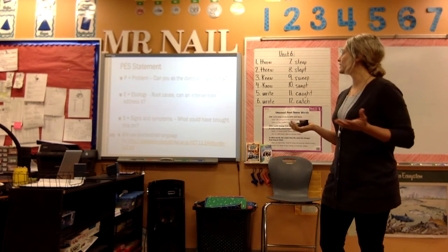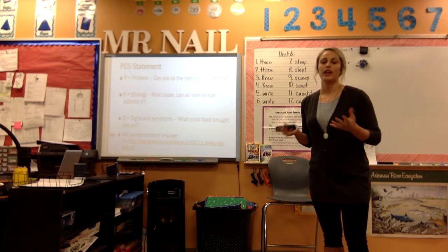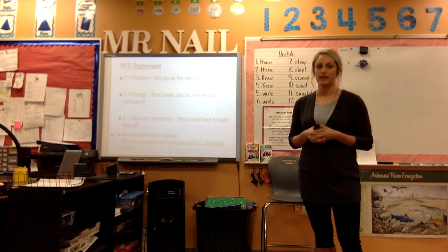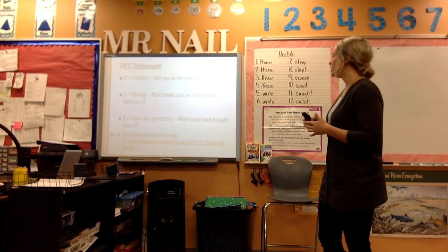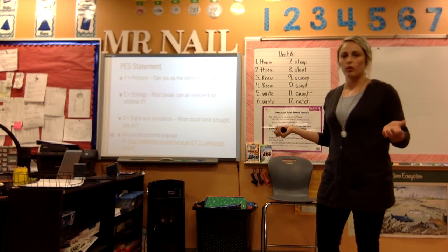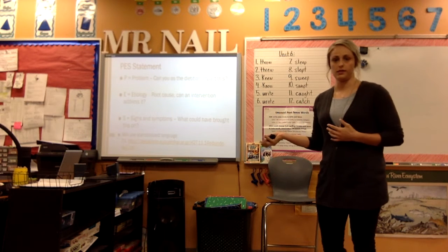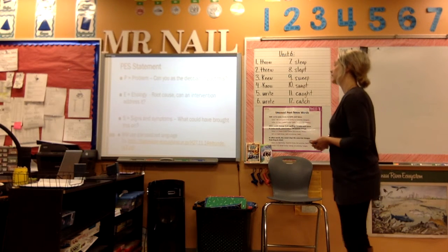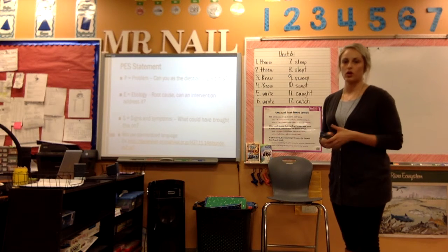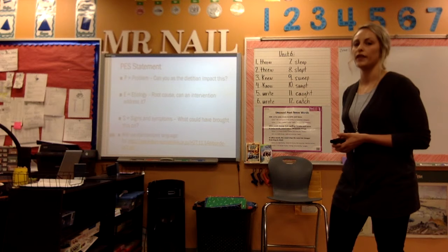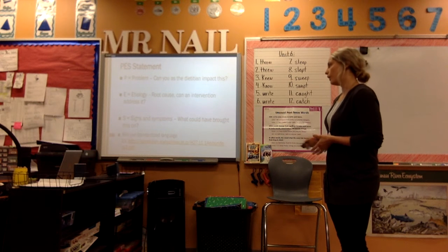So the problem is, how can you as the dietitian help this patient? What is their main problem nutritionally that they need to fix? The etiology, what's the root cause of this problem, and can an intervention address this problem? And then the signs and symptoms is what's bringing this on, what's the patient going through, what's he dealing with, and that's what we'll be looking at.